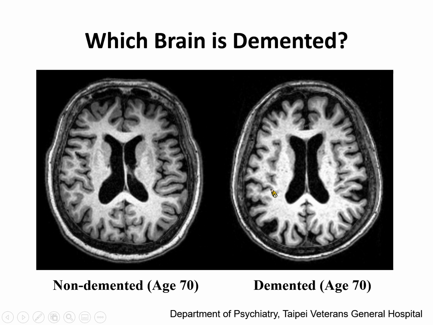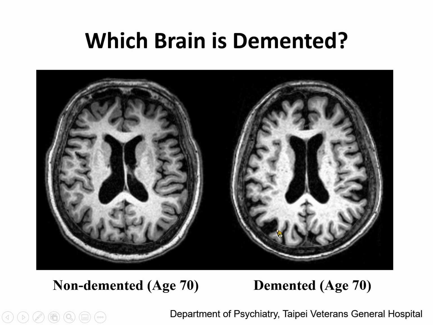But I need to emphasize that this is still not sufficient for a radiologist to make a diagnosis, because even these patterns cannot be consistent across every demented patient, so we cannot use these patterns to diagnose dementia.